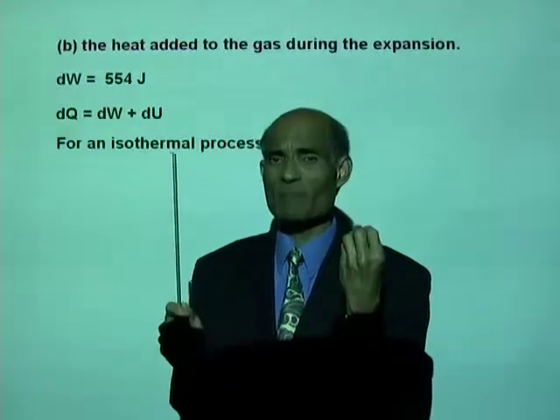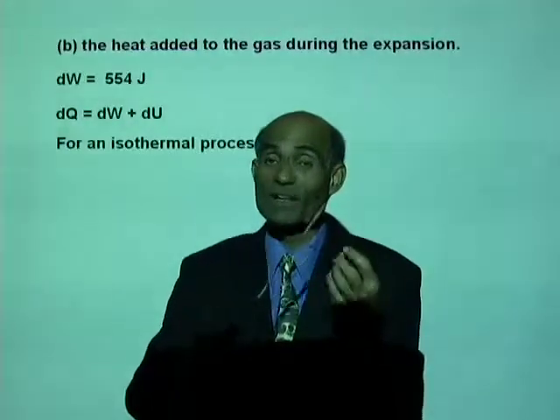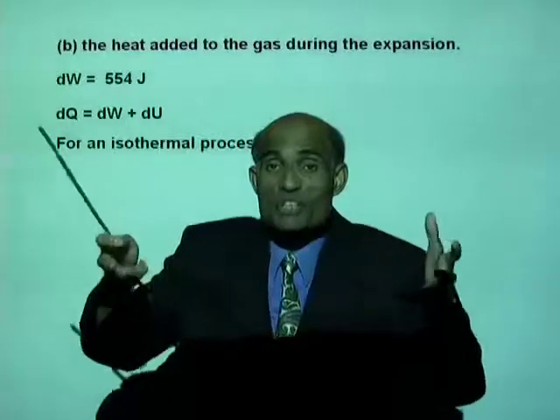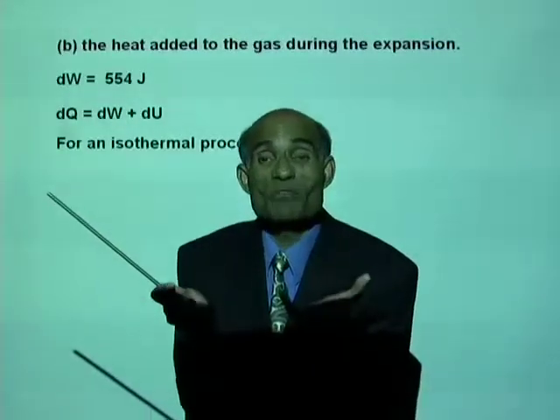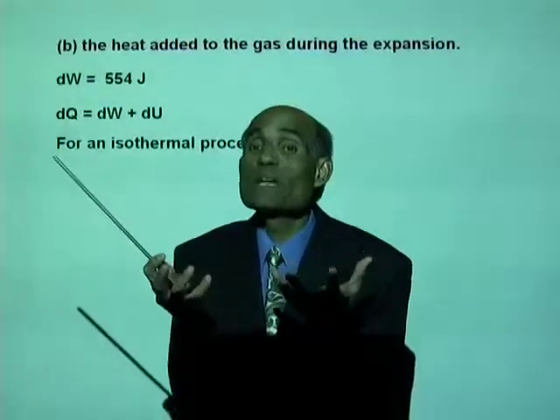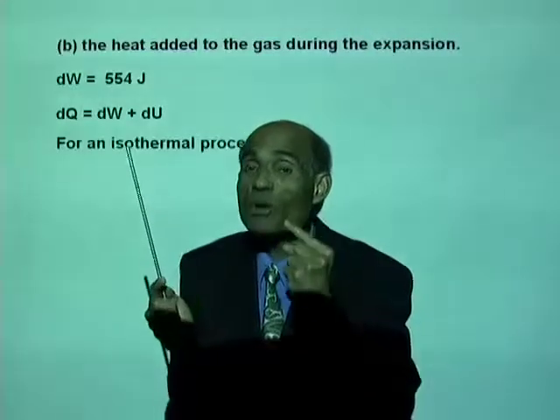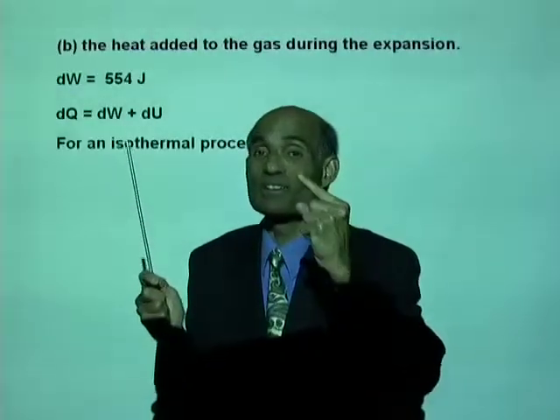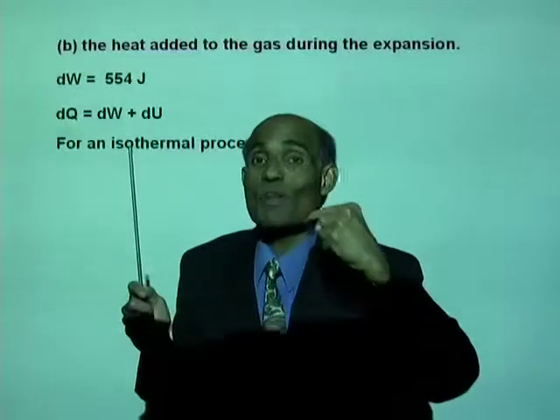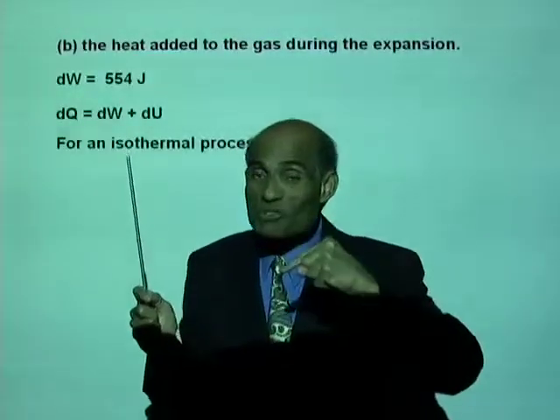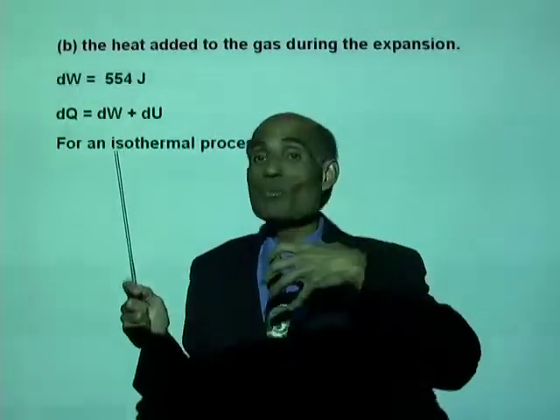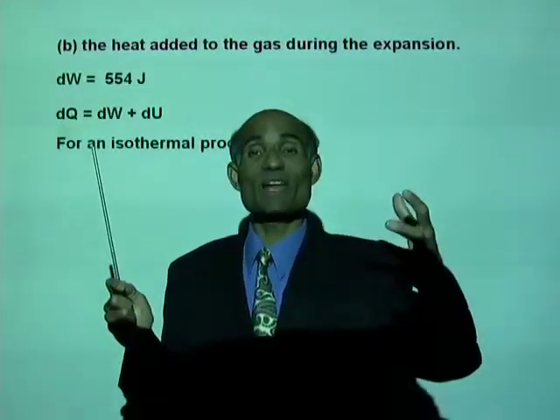Did you understand that? We said earlier that the internal energy of a certain amount of gas at a very low density depends only on the kinetic energy. In other words, it depends only on the temperature. If the temperature remains a constant, there will be no change in the internal energy.